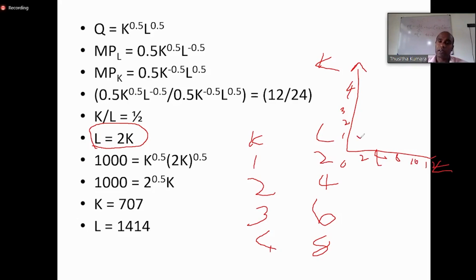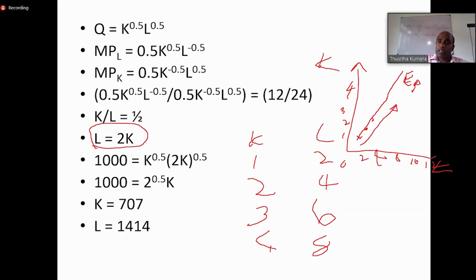So then put the coordinates. It will be something like this. So this is the expansion path. This is how we are going to expand our production process this way. That is why it is called expansion path.